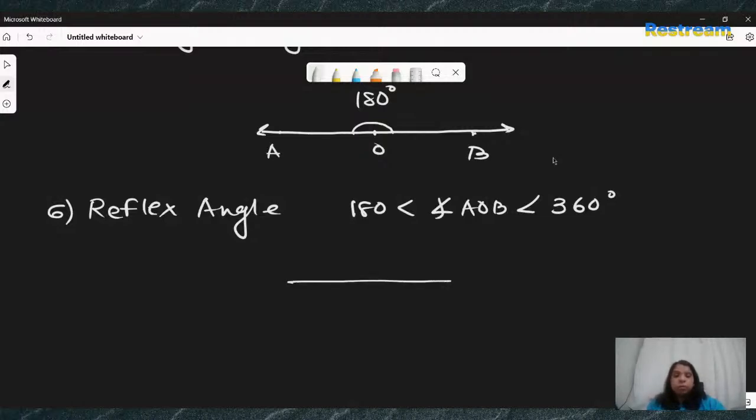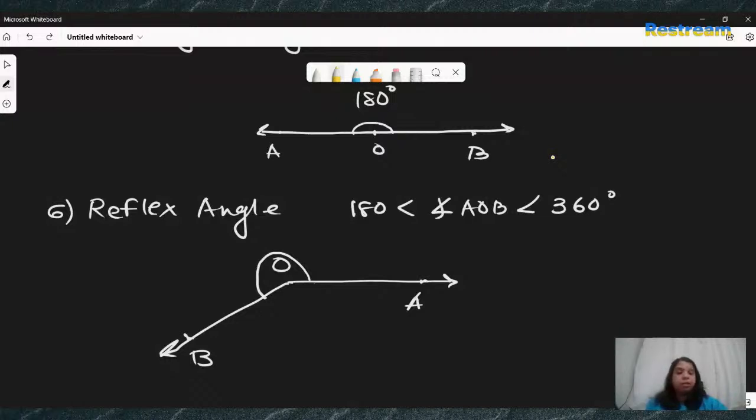So it will look something like this. Okay, and we are looking at this side of the angle. So a reflex angle can be calculated by calculating this side of the angle, the yellow side, and subtracting it from 360 degrees.